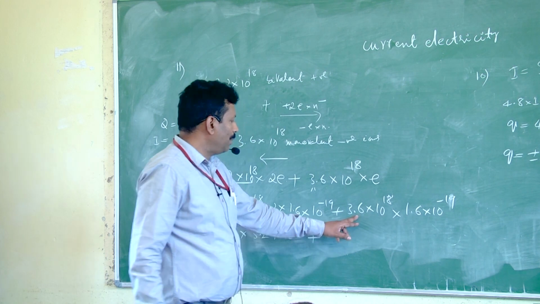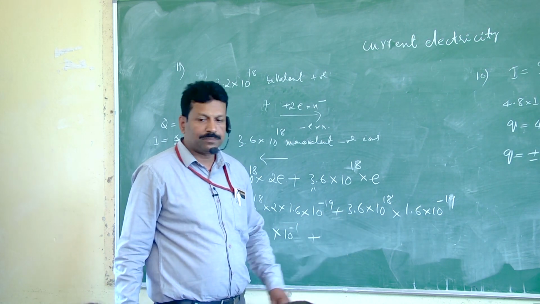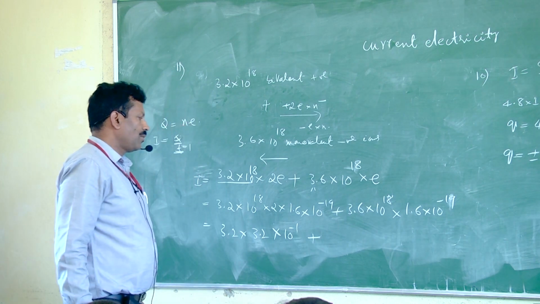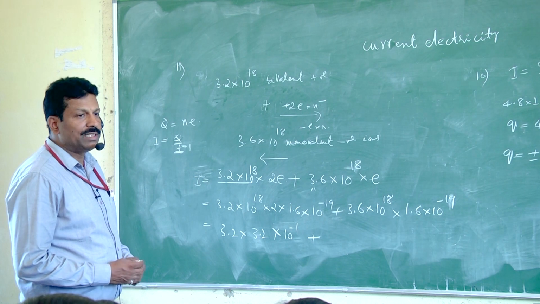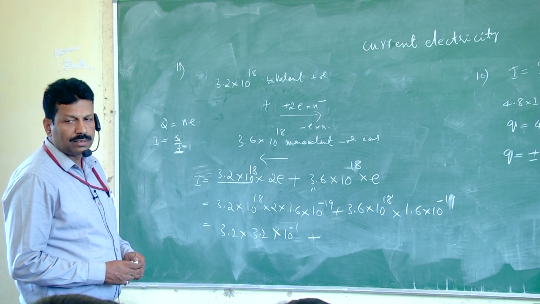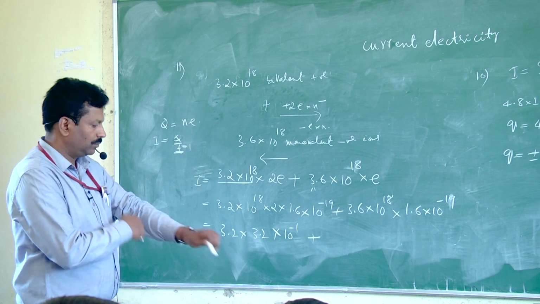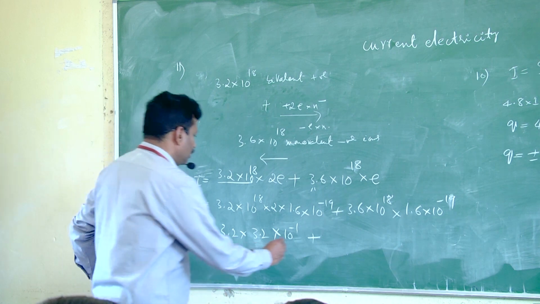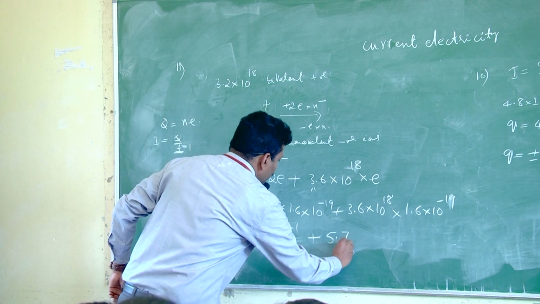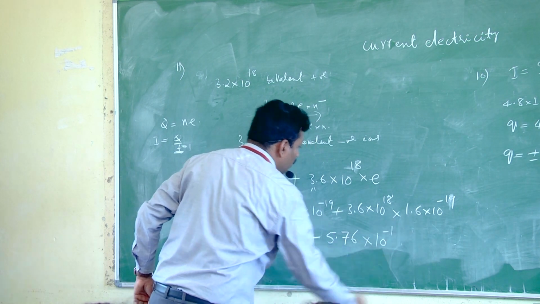Now have you multiplied this? 3.6 into 1.6, how much is this? 5.76, into 10 to the power of minus 1.